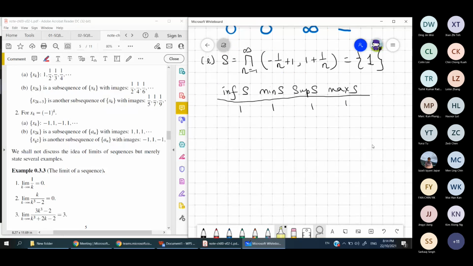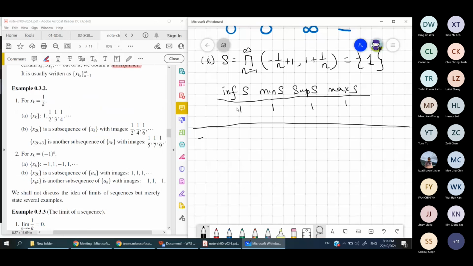So when k is 1, 2, 3, 4, 5, you can see when k is 1 it will be (-1) power of 1, then (-1) power of 2, (-1) power of 3, (-1) power of 4, (-1) power of 5.